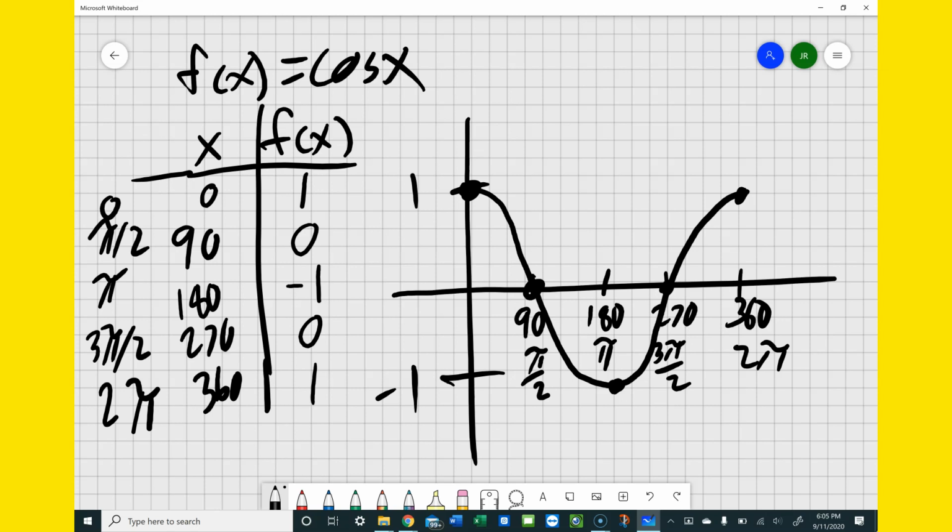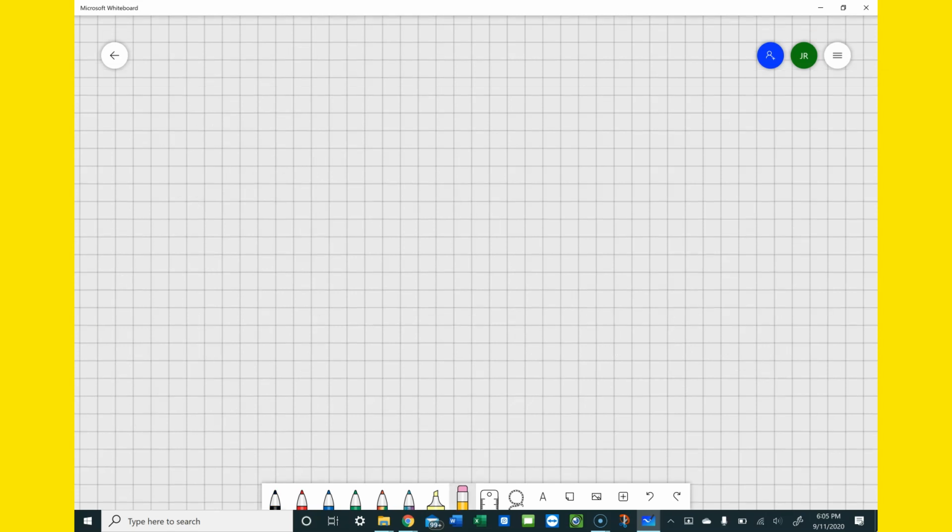Alrighty. Now we're going to talk about how to transform the basic parent sine and cosine functions. So let's look at the general sine wave.